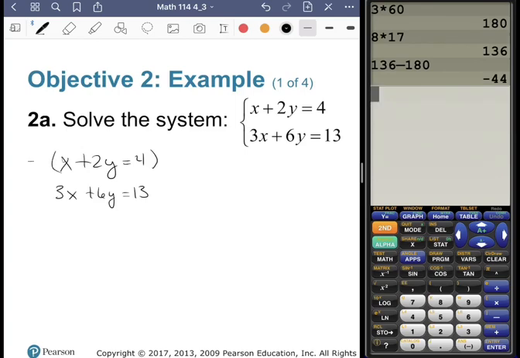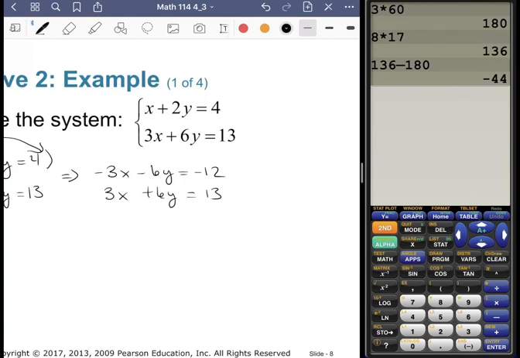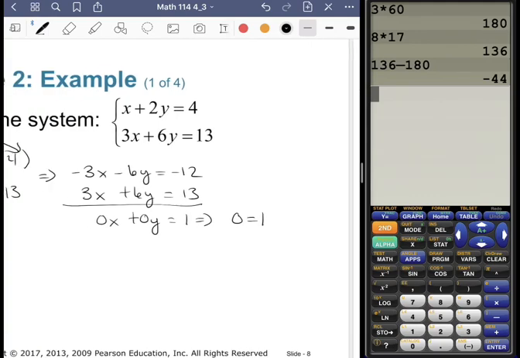Now I'm going to multiply the top one by negative 3 and distribute. Why? Because I'm going to be eliminating the x. So I have negative 3x minus 6y is equal to negative 12. And we have 3x plus 6y is equal to 13. So this becomes 0x plus 0y is equal to 1, which is 0 equals 1.